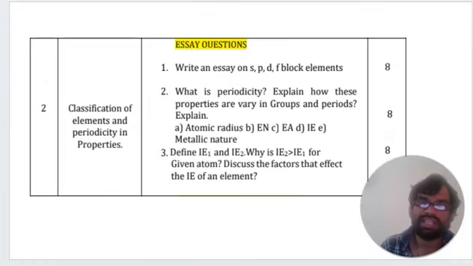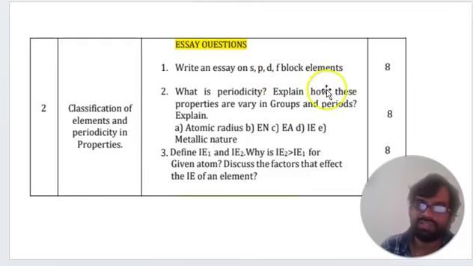And now we come to the second unit, the classification of elements and periodicity in properties. In the very long answer questions, the first one is: write about the s, p, d, f block elements.